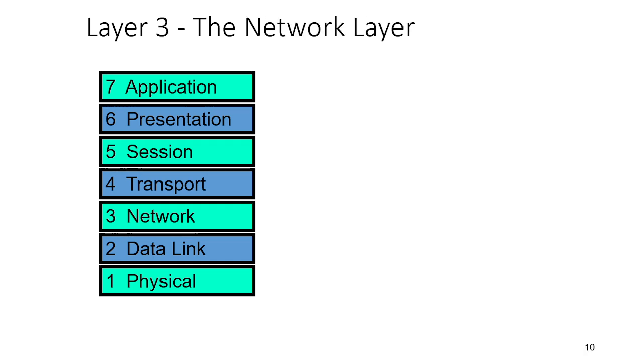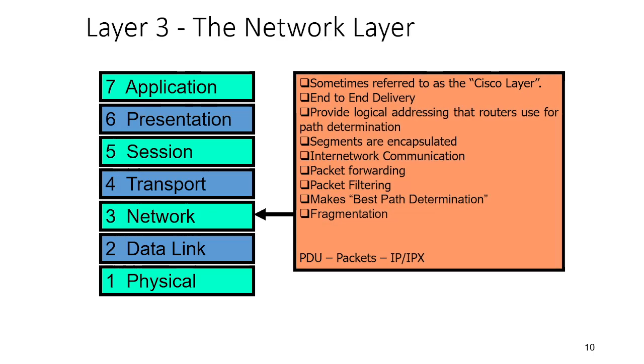Next is the network layer. The network layer is responsible for routing and logical addressing. It determines the best path for data to travel from source to destination.